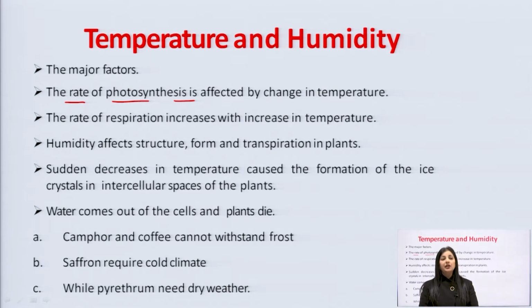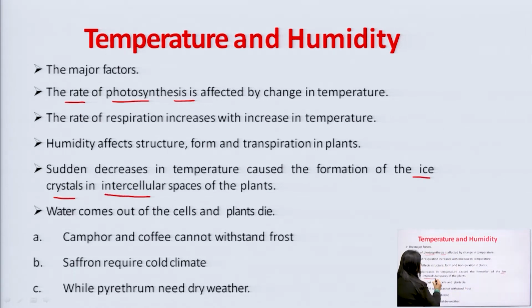Besides that, humidity affects the structure, the form and the transpiration in the plant. Any sudden decrease in temperature causes the formation of ice crystals in the intercellular spaces of the plant, which is not desirable. Water comes out of the plant's cells and hence the plant dies.